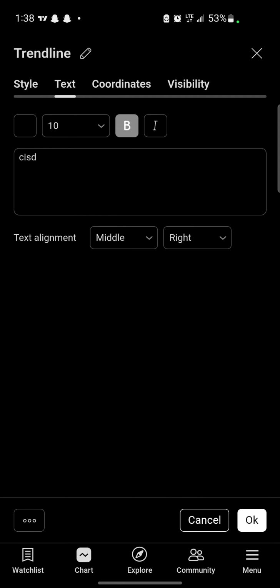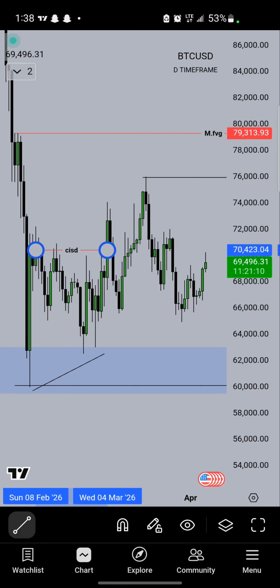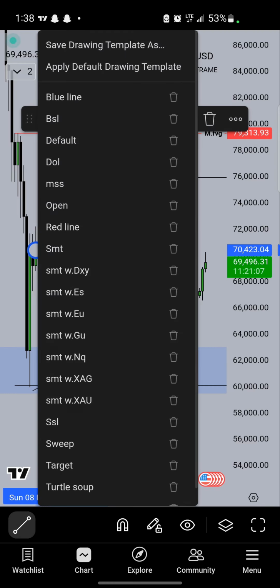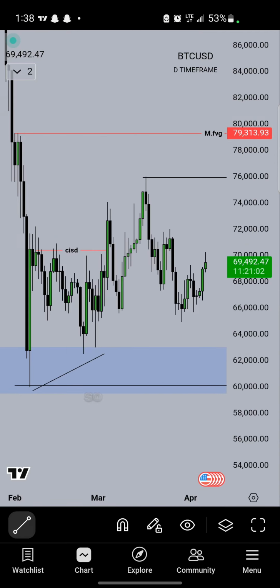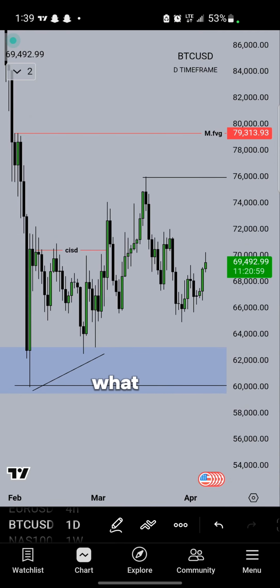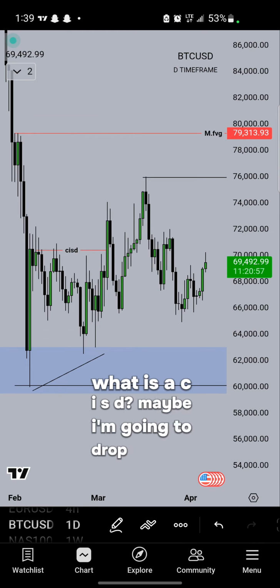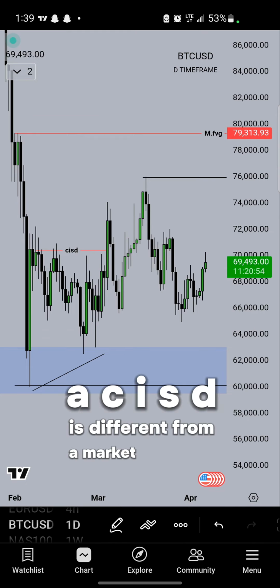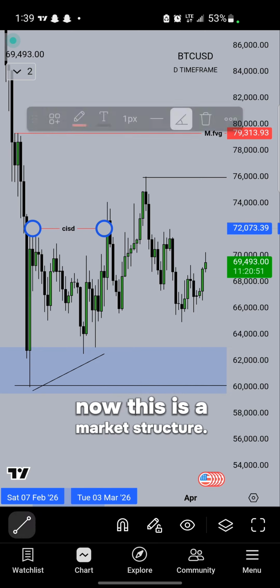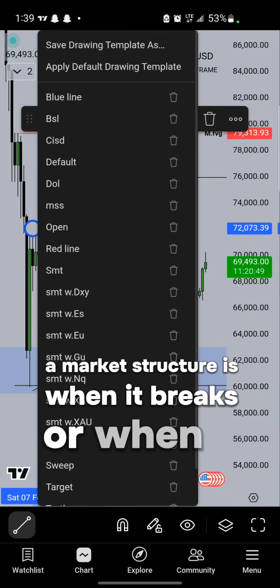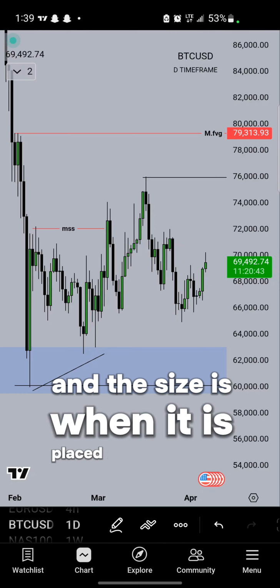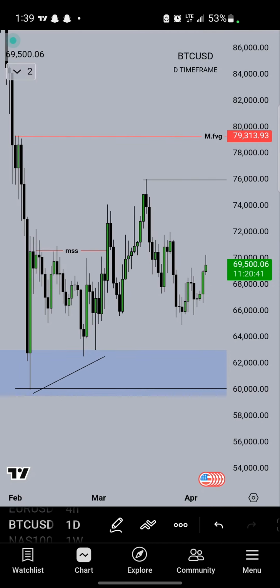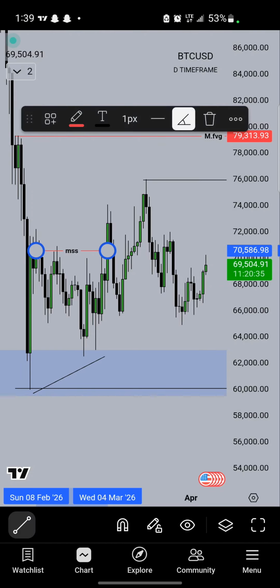So yeah, this is the CISD. What is the CISD? Maybe I'm going to drop a video. A CISD is different from a market structure. Now this is a market structure. A market structure is when it displaces above the wick, and the CISD is when it displaces above the body, right? So this is a CISD.